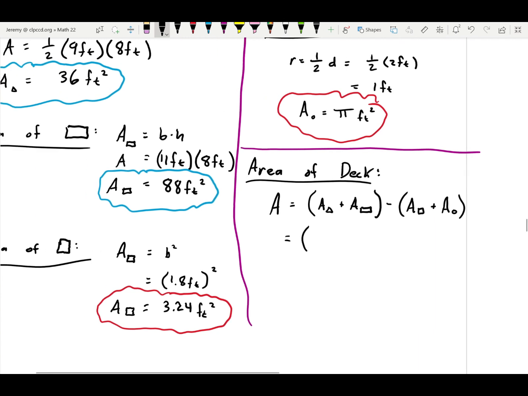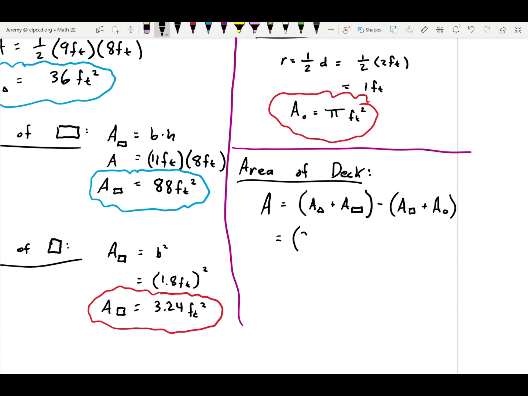The area of the triangle, I got 36 feet squared. I'll do the units at the very end, and then plus 88 for the rectangle, and we want to subtract from that 3.24 plus pi. And this whole entire thing is going to be measured with units square feet.